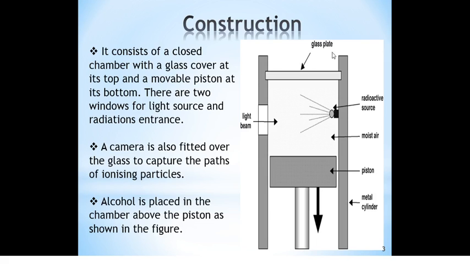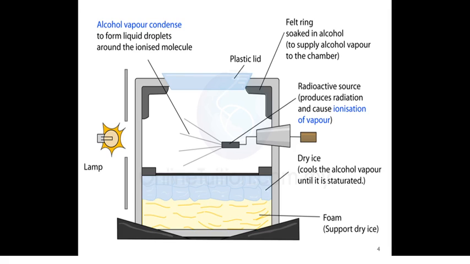A camera can be fitted here so that we can see the path of ionizing particles through this glass plate. Alcohol is placed in the chamber. See, we can use any volatile liquid along with the air, isn't it? So alcohol can also be placed inside. So that is the construction.